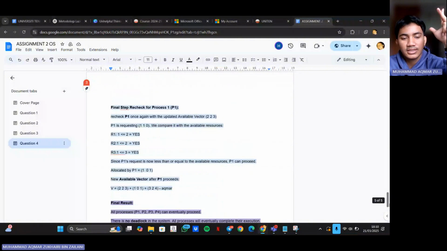So these three are acceptable, and the P1 request is acceptable with the available resource. So P1 can proceed. The allocation of P1 is 101. Since it can proceed, we add the allocation of P1 to the vector: 223 plus 101 gives the new available vector, which is 324.